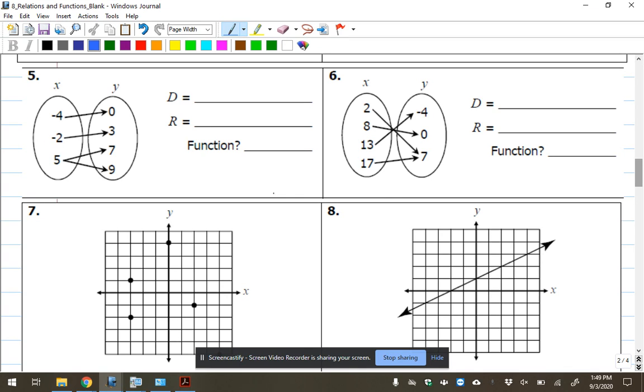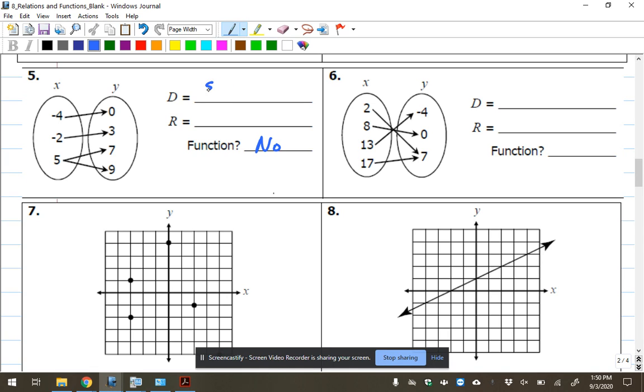So from -4 to 0, that's an ordered pair, -4, 0. -2 to 3, that's an ordered pair. When we get down to the 5, how many ordered pairs does that 5 make? Very good. It's not a function because that 5 creates 2 ordered pairs.